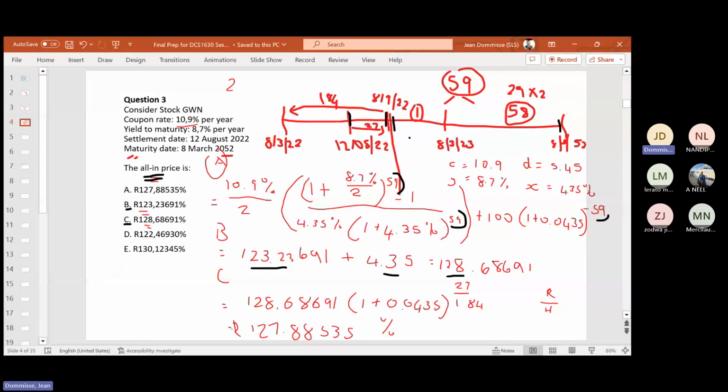So I take the 128,6869 and multiply it with the interest, but with the r over h, which is the 27 over the 184, to give us the total all-in price of 127,885.35, which is option A. Does that make a bit more sense now that you guys can see what I actually did?